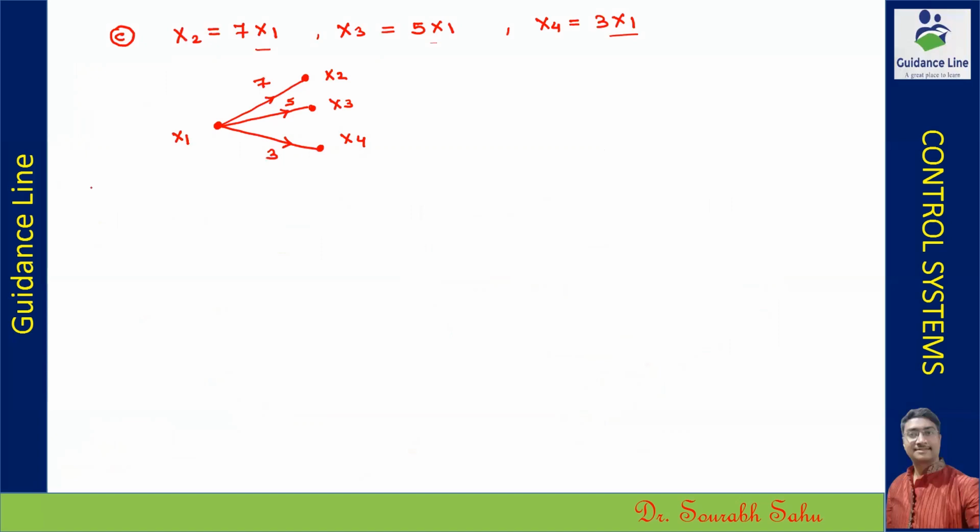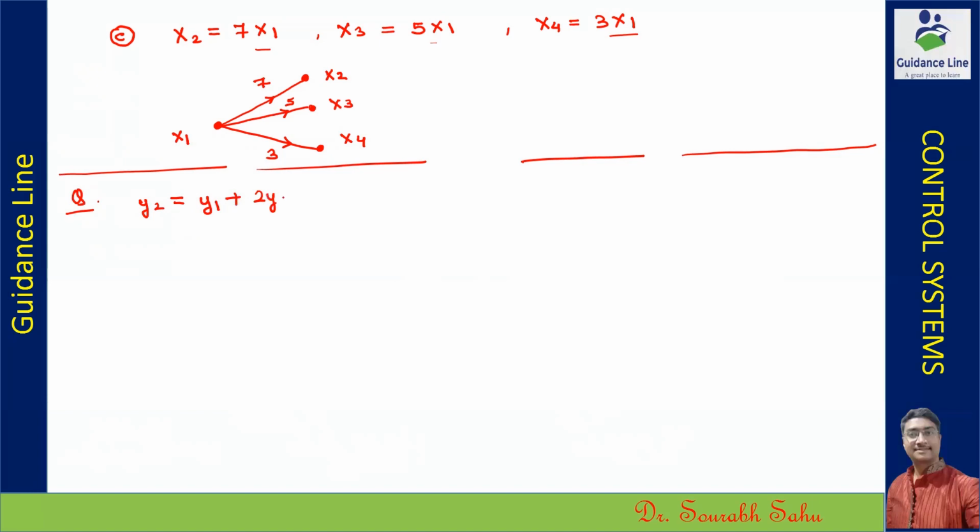Let us consider one more example over here. Suppose we have a set of equations given in the form of y2, which is y1 plus 2y3.